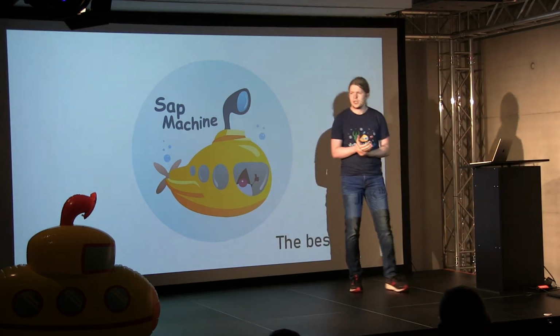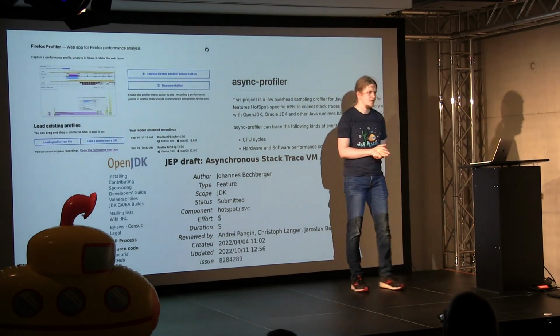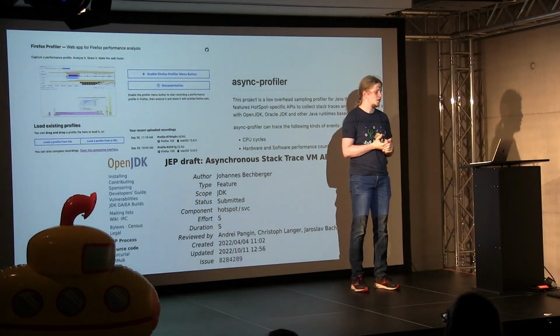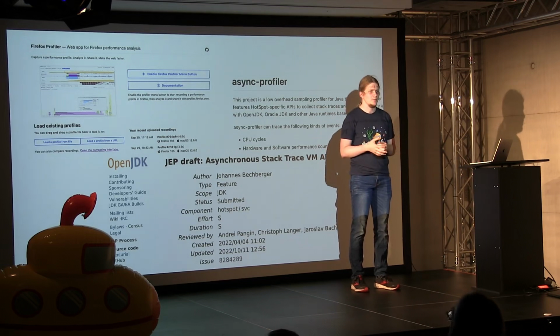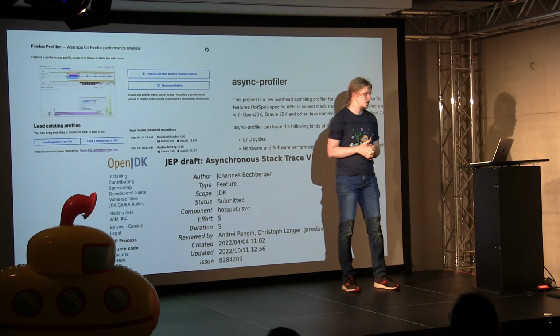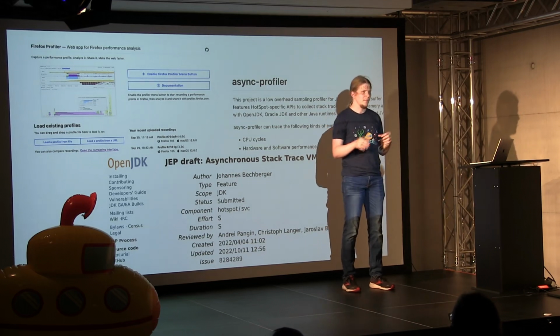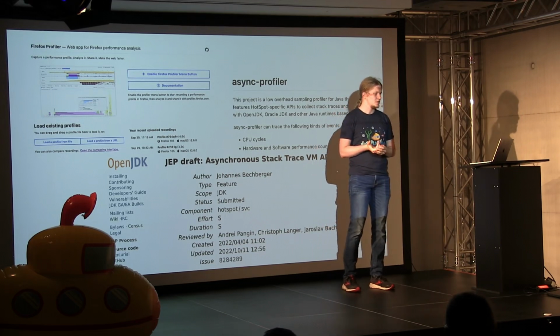For example, I started to work on Async Profiler, which is a profiler that I also present, making it safer, helping with some bugs in the PowerPC port, and also making the APIs that Async Profiler uses in the OpenJDK safer and more stable.